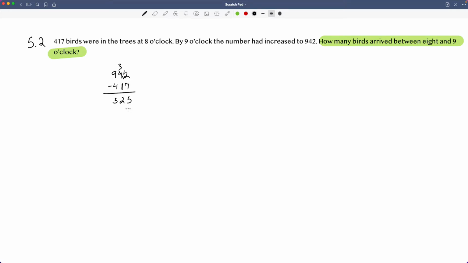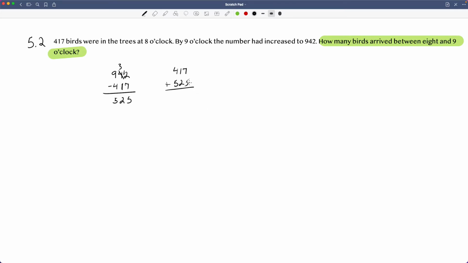Let's double check our answer by taking the difference and the subtrahend and making them add-ins. We're going to add them together. So 417 plus 525. If we get the minuend of 942 as the answer, we know we did it right. These were the birds that were here at 8.